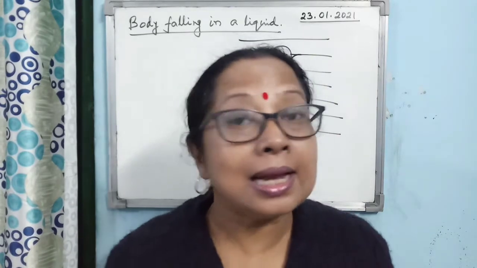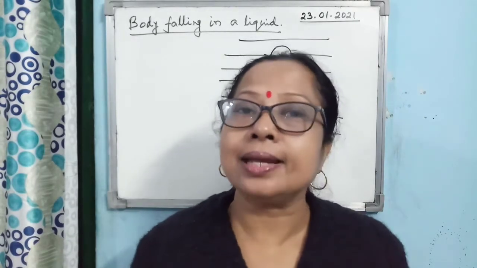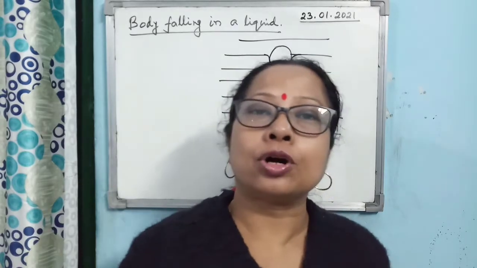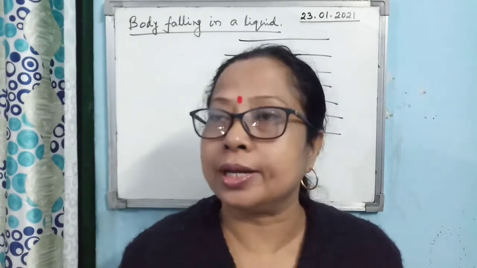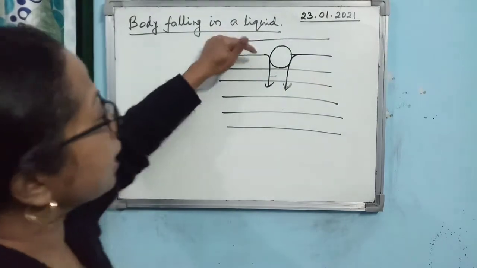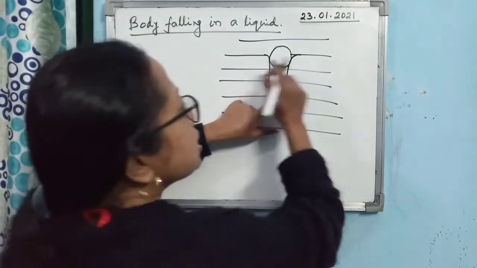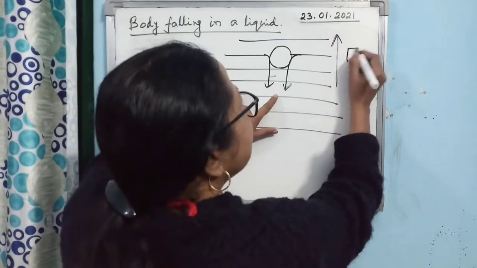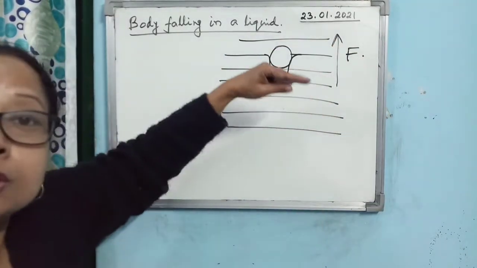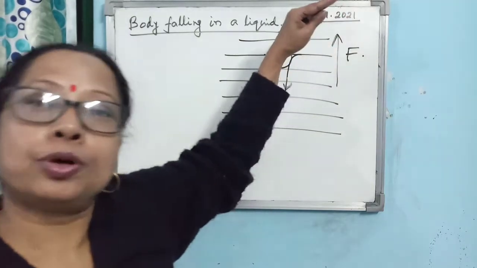As a result, the liquid layer exerts an opposing force on the motion of the body. So if the body is falling down, the viscous force exerted by the liquid will be opposite to the direction of motion.